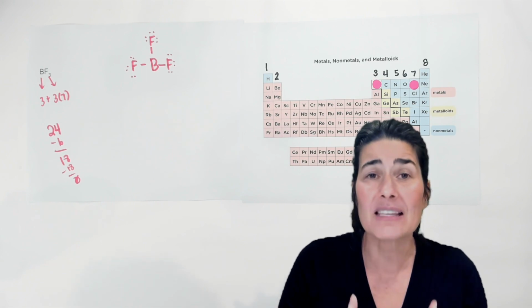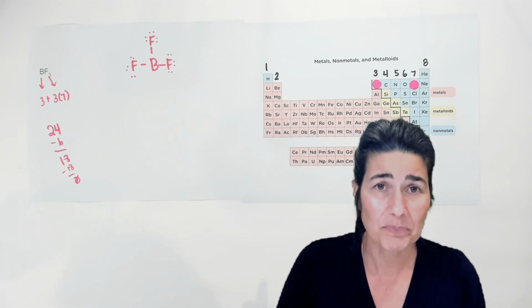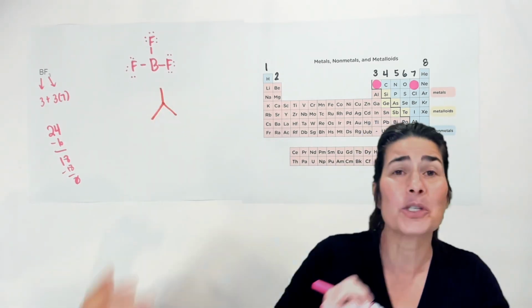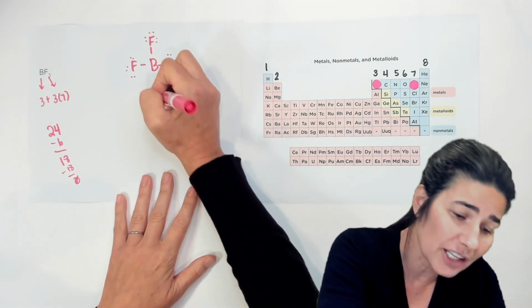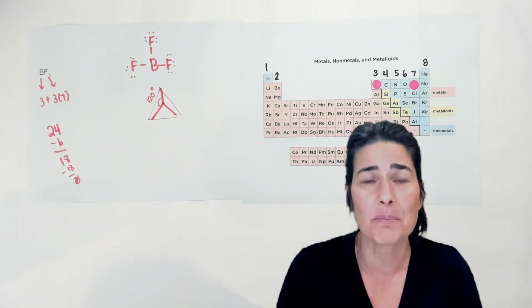We have 3 things that want to get as far away from each other as possible. 3 things trying to get apart from each other makes a Mercedes sign, a flat triangle, where each of those is trying to get 120 degrees apart.